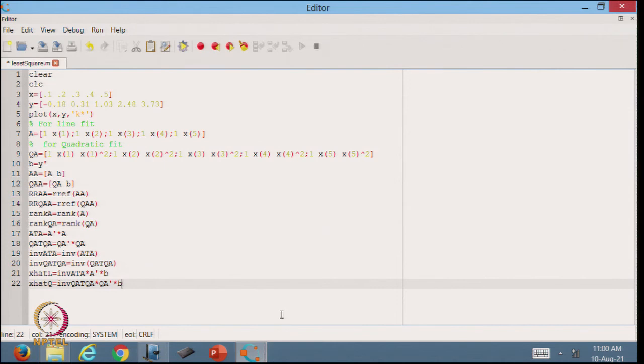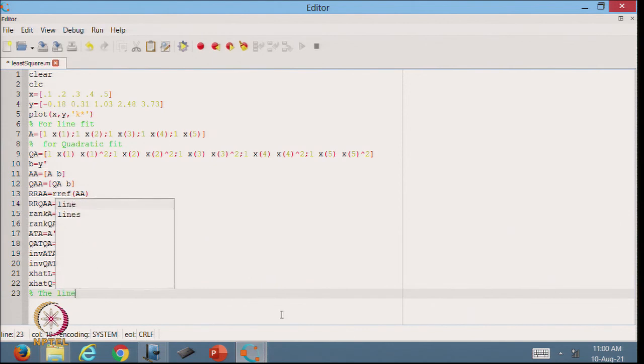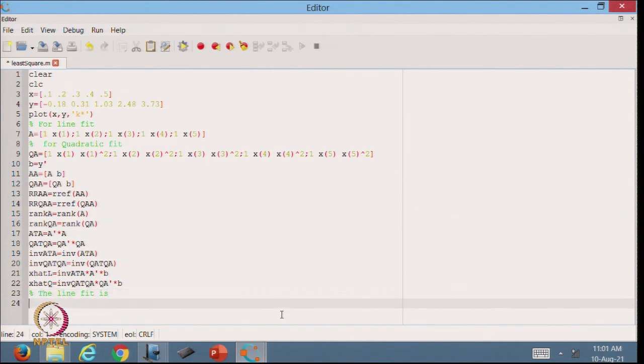Now, after defining this, I am able to find the solution. Now, I have to define the line and the quadratic. So, let us define the line, because the y points are given to me. Here I am defining L, that is my line.